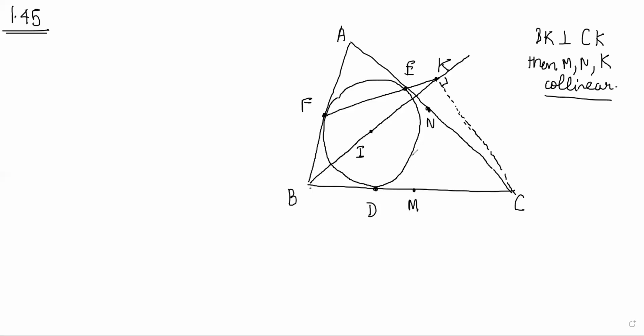M and N are midpoints. Maybe M and N will come in later. First, we have to show perpendicular. So first of all, like simple angles, we know this angle is B by 2. And BK and CK.